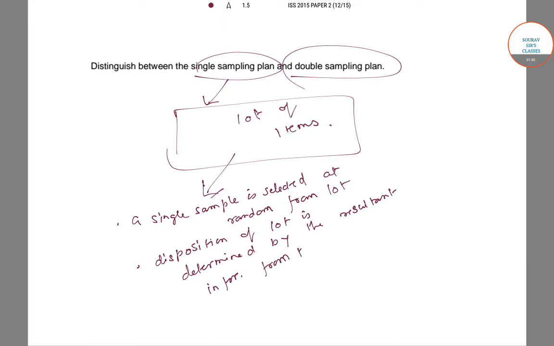That is the resultant information obtained from the sample.